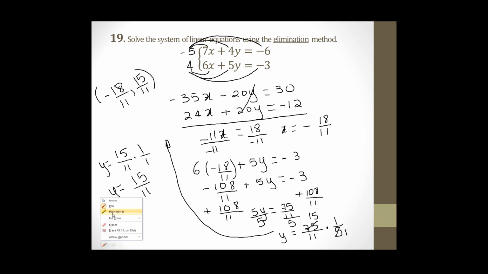Let's see. Is bright yellow good? No? Depending on how you were going to highlight it. Okay. All right. So let me pick. Ooh, see that? That's nice. Whoa. Yeah? All right. That'll do it.